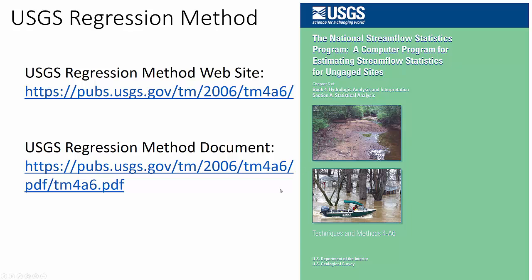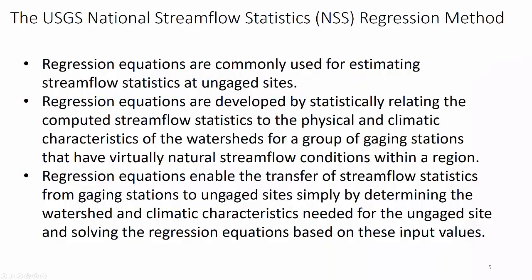So the USGS regression method document is available for review. We know that regression equations are commonly used for estimating streamflow statistics at ungauged sites. Regression equations are just y is some function of x. They're developed by statistically relating the computed streamflow statistics to the physical and climatic characteristics of the watershed for a group of gauging stations that have virtually natural streamflow conditions within a region so that you can extrapolate them to others.